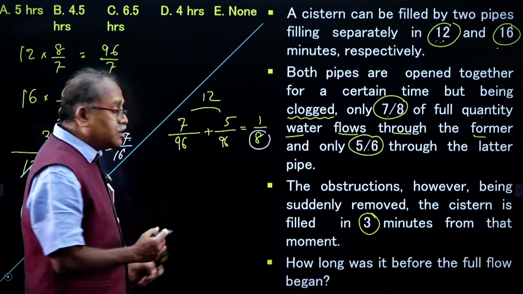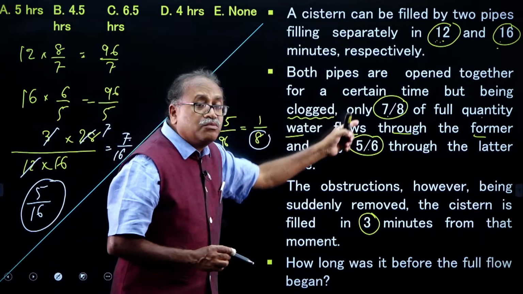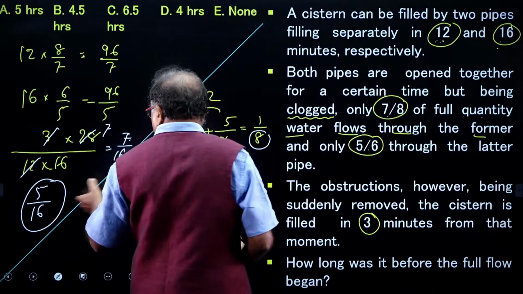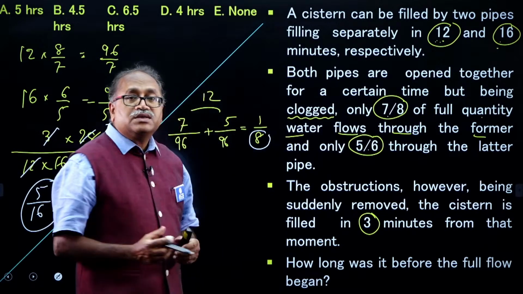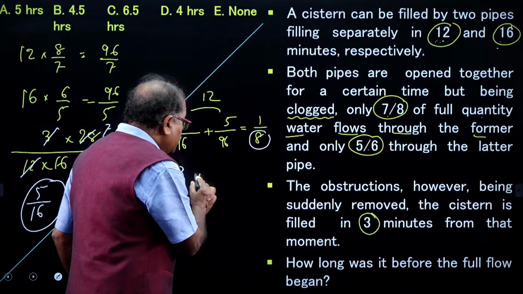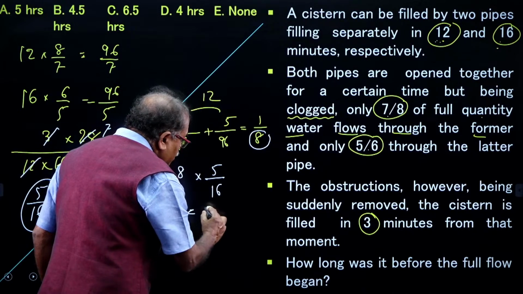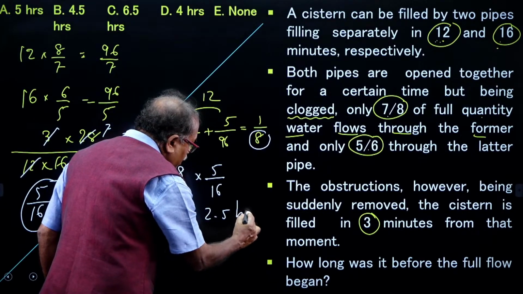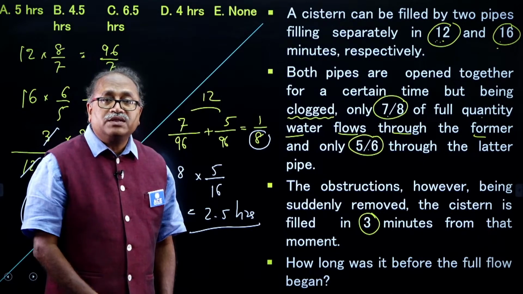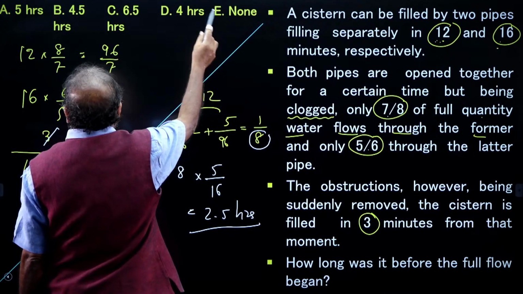The whole tank will be filled in 8 hours with this blockage. Then with this blockage, how much part is filled? 5 by 16 part is filled. How much time will it take? 8 into 5 by 16, and that comes to 2.5 hours. That is your answer.